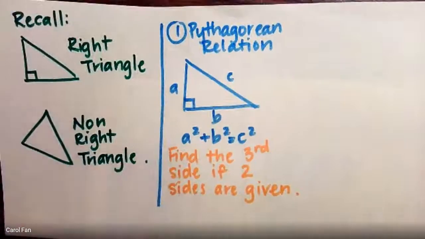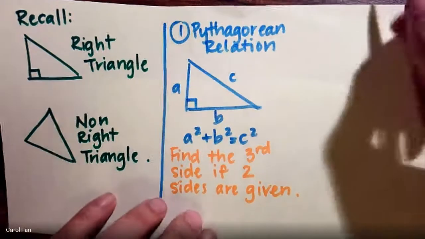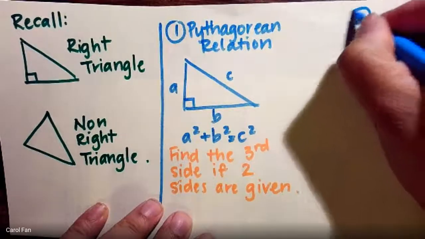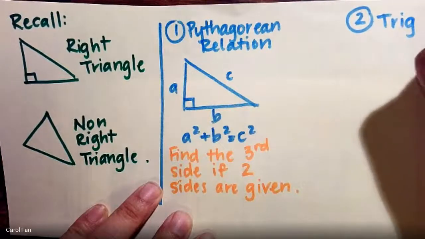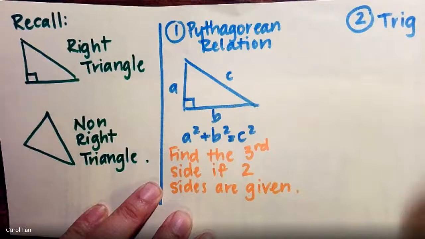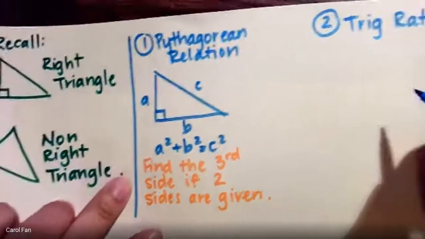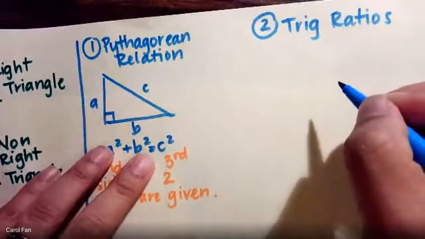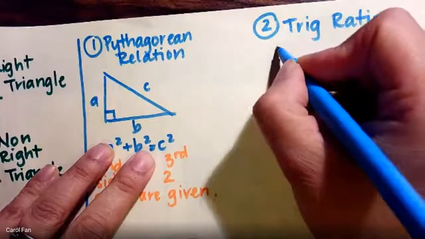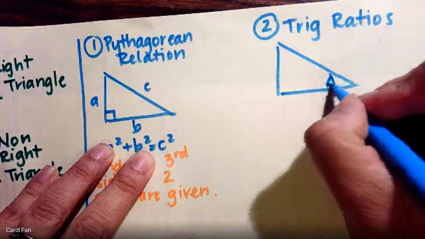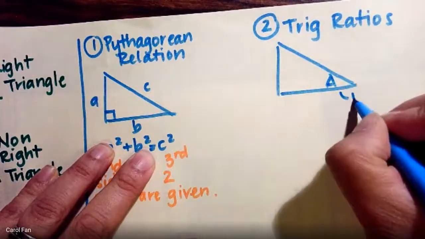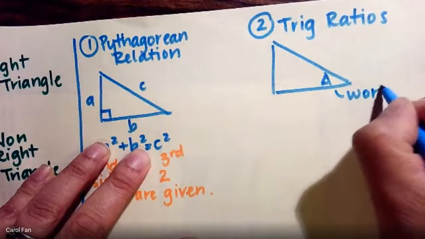Now, the other equations that we can use for right angle triangles would be the trig ratios. Now, in our trig ratios, we have to be very careful about naming our sides. So let's say we had A, this is our working angle.